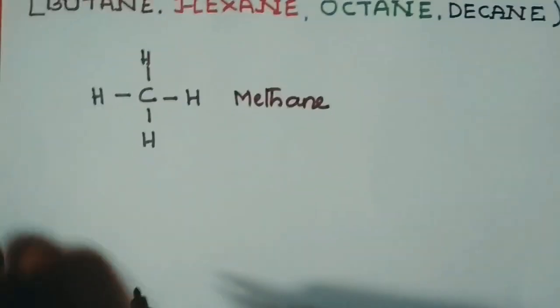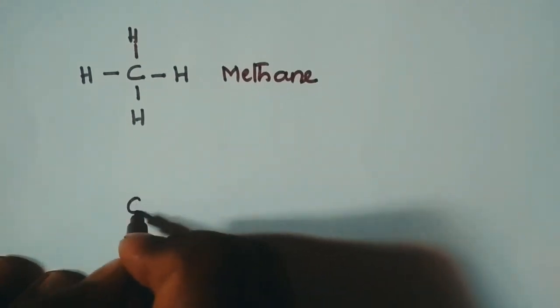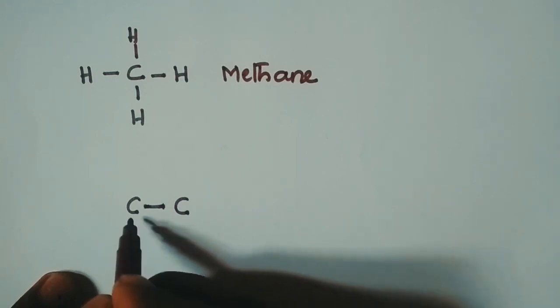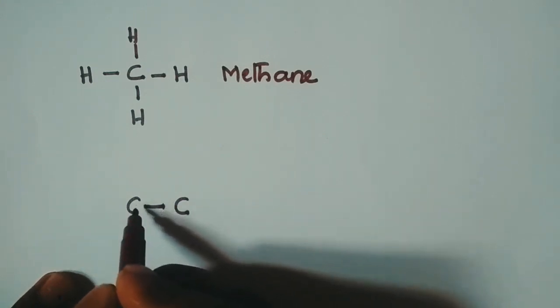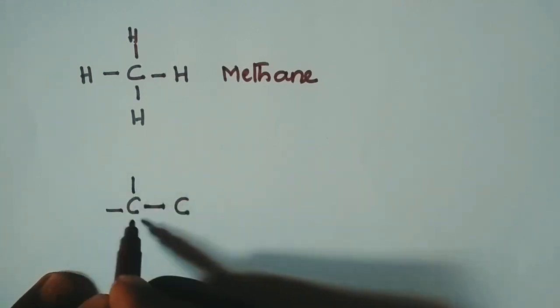Similarly, you can write a 2 carbon containing alkane. See, you can bond with another carbon. Each carbon valency is how much? 4. Already for this carbon 1 valency is there, so you subtract 1 valency. You are getting 3, hence you can write 3 bars remaining.